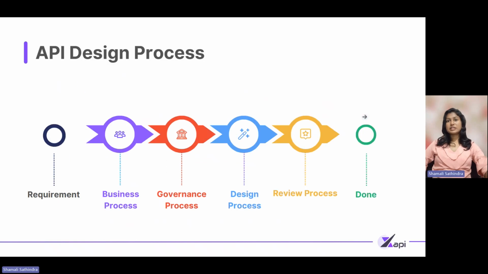When considering the design process, the API design process is generally managed by governance, design, and review processes. The API design process involves several key steps. It begins with defining the API purpose and audience, followed by creating a detailed specification that outlines endpoints, data formats, authentication methods, and more.